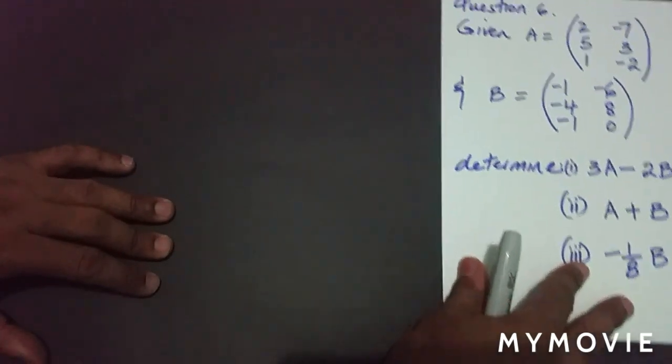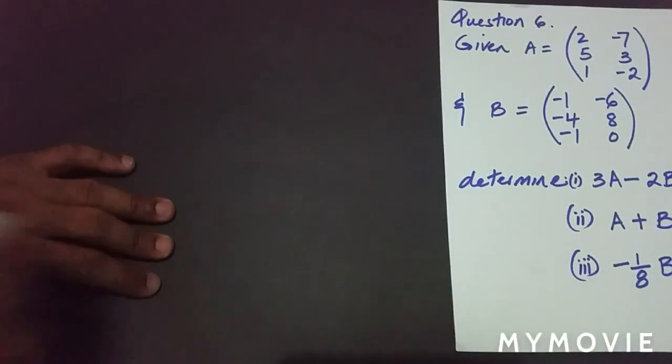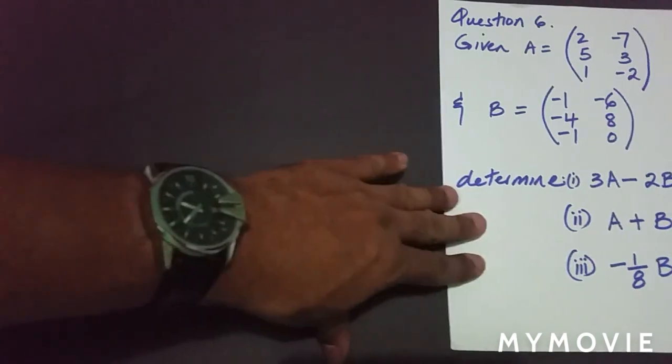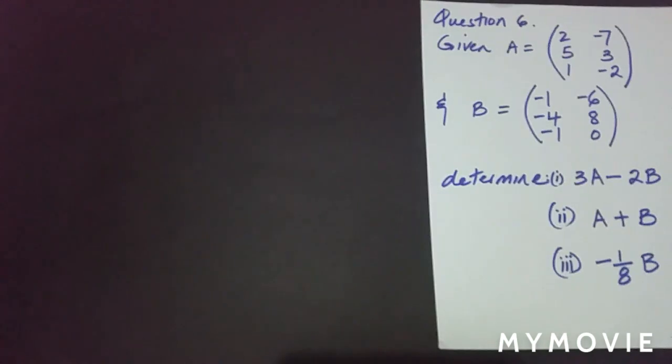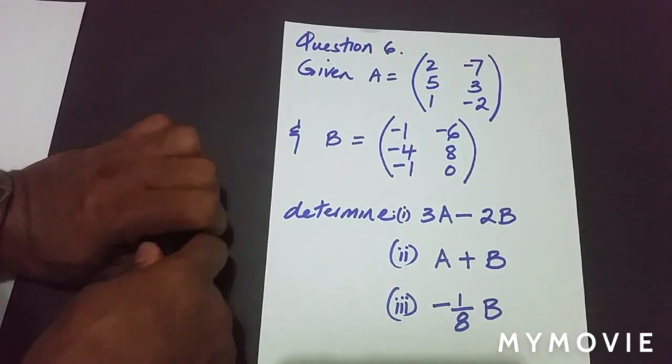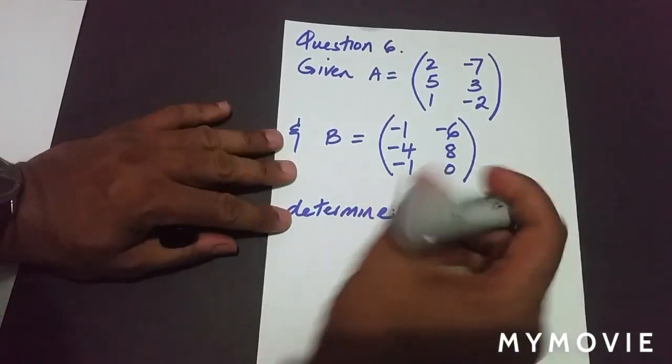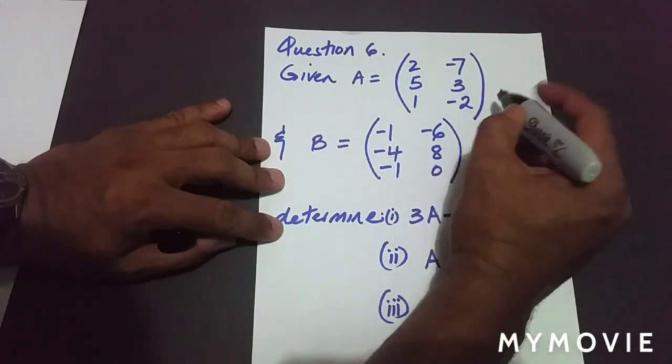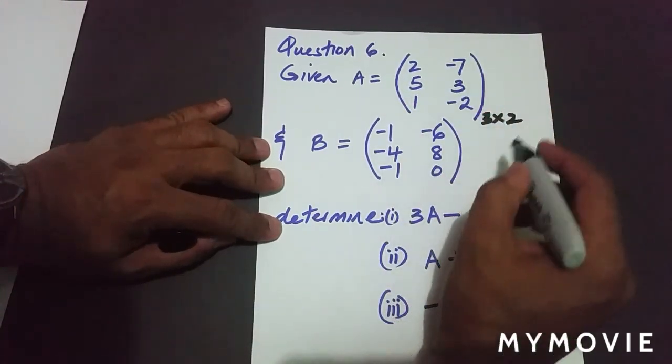Now, question 6 says, given matrix A is such and matrix B is such, determine part 1, which is 3A minus 2B. Now that is pretty simple, and if you remember, first of all, the order of this matrix here, it has 3 rows and 2 columns, so it would be 3 by 2.